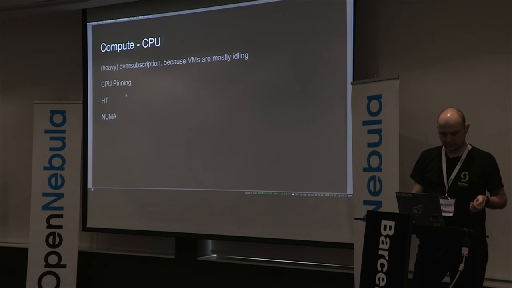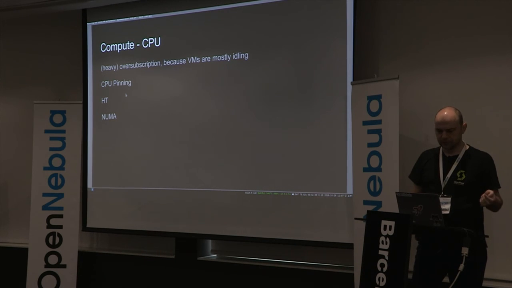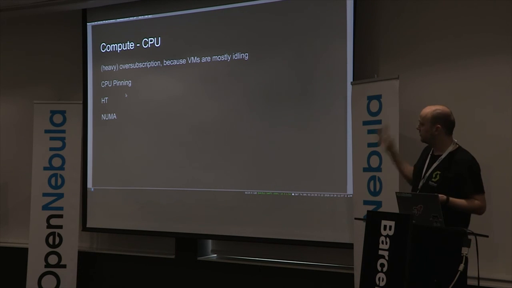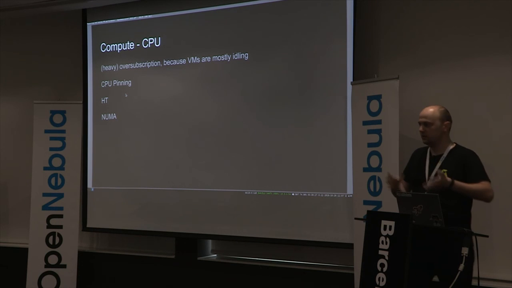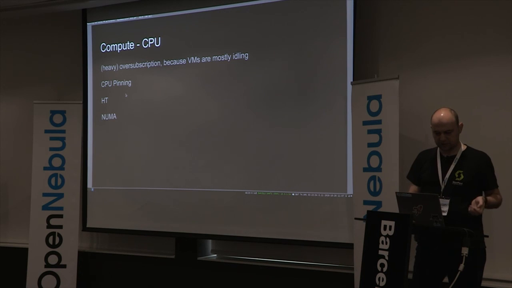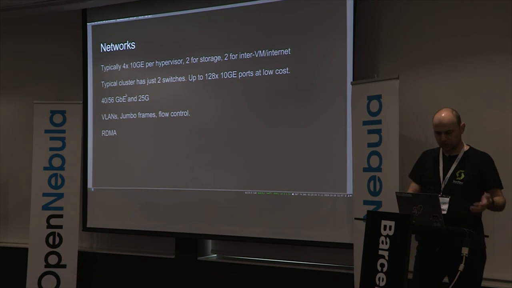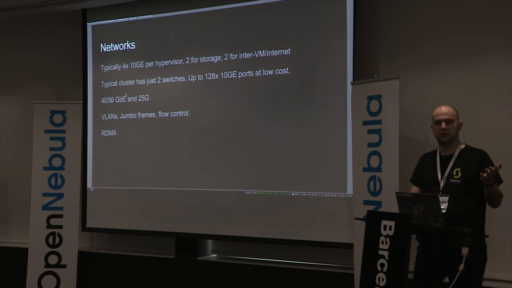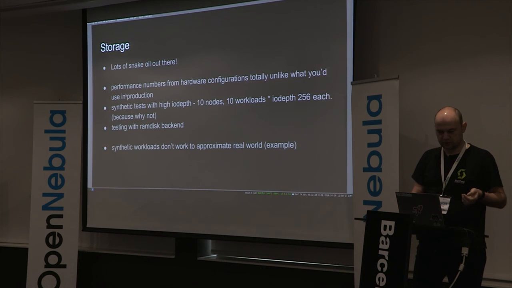CPU is heavily oversubscribed because of efficiency gains, and because most VMs are idling, but it's very use-case dependent. There's CPU pinning, hyperthreading, NUMA awareness, and all that. For networks, nothing special really. These are just regular 10 gig or faster switches, and you only need VLANs, jumbo frames, and nothing special there.